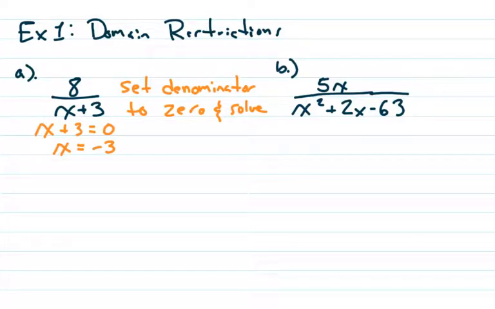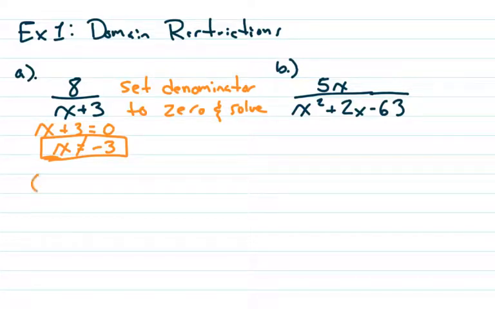You can write your domain restriction in a couple of different ways. You could just simply say this, x cannot equal negative 3. That's sort of set builder notation. I'm not going to go fully in depth with set builder notation until a little bit later. Or you could express it in what x can be.